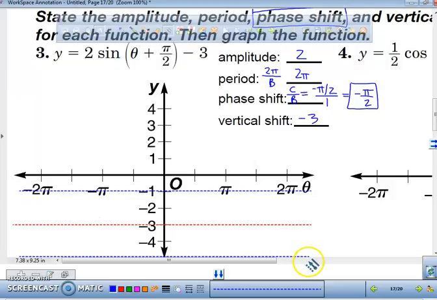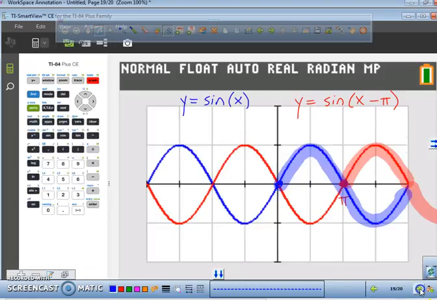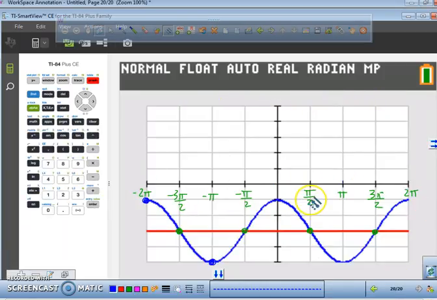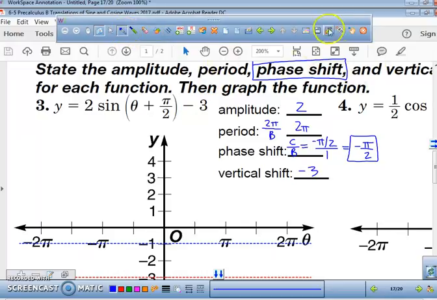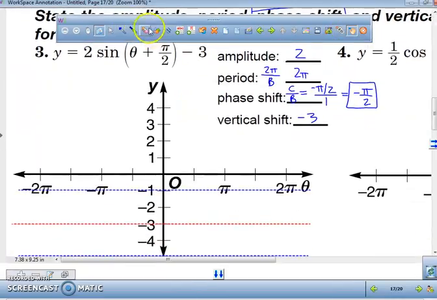And we're going to plot all of our zeros first. Where were all of our zeros located? Yeah, the pi over 2 right here. Okay? So I'm going to put that pi over 2. So right here, this is at pi over 2.